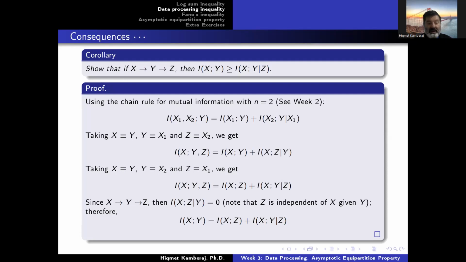Now, since x, y, z form a Markov chain, we can say that the mutual information between x and z given y is equal to 0, because z is independent of x given y. Therefore, the mutual information between x and y is equal to the mutual information between x and z plus the mutual information between x and y given z.